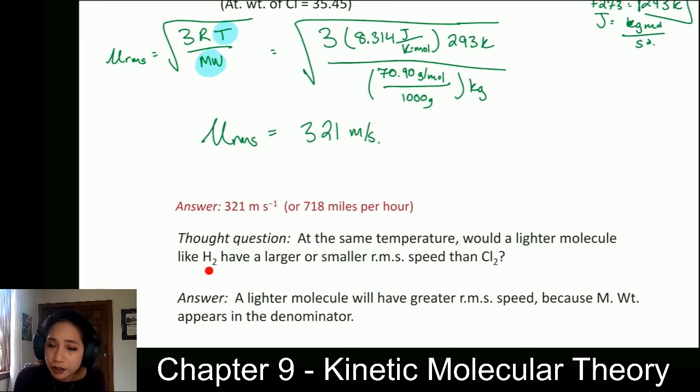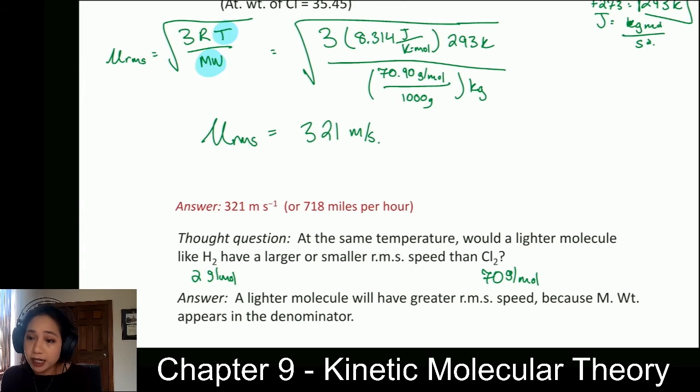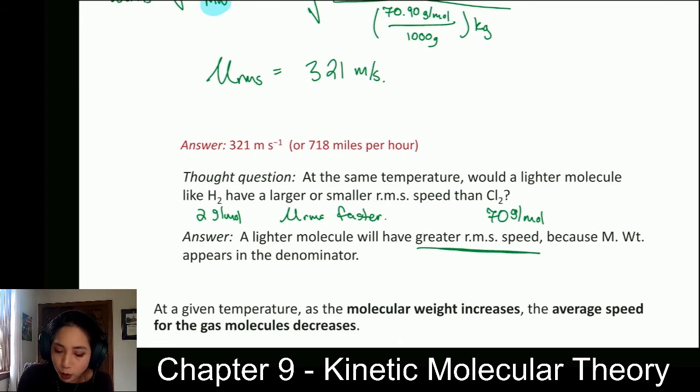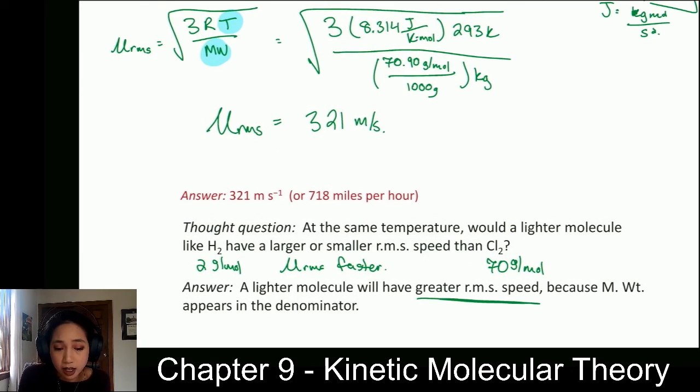If we had hydrogen gas in that sample, then our molecular weight would be different. The molecular weight of hydrogen gas is about 2 grams per mole, while chlorine gas is 70 grams per mole. So I would predict that if we put a lighter molecule in the same sample conditions, our root mean squared velocity would be faster. A lighter molecule would have a greater root mean square velocity because our molecular weight value appears in the denominator.